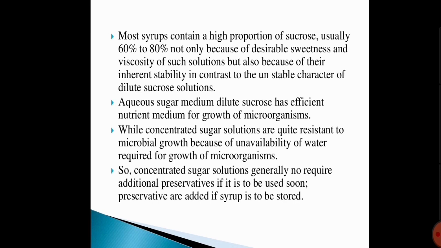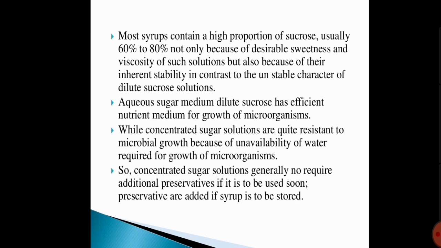And why will we use it? In order to increase the viscosity, in order to mask the bitter taste of the drug, and also to stabilize. In an aqueous sugar medium, dilute sucrose is an efficient nutrient medium for the growth of microorganisms.